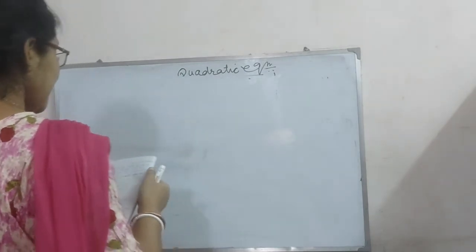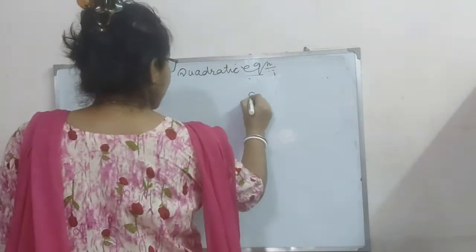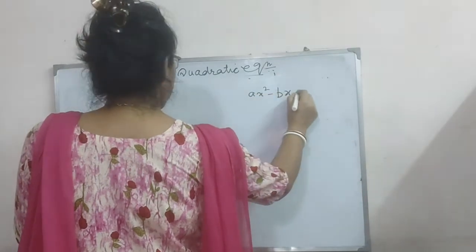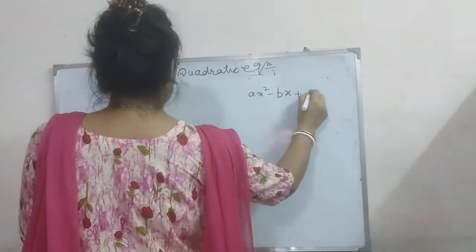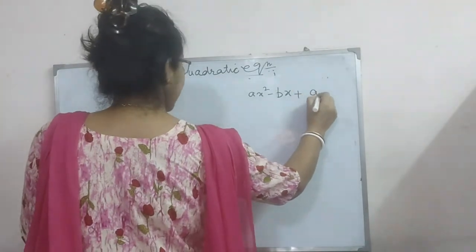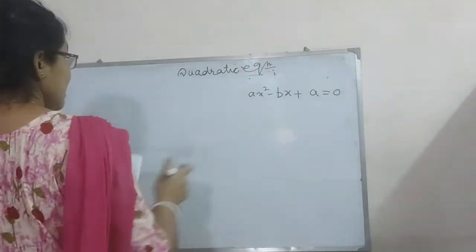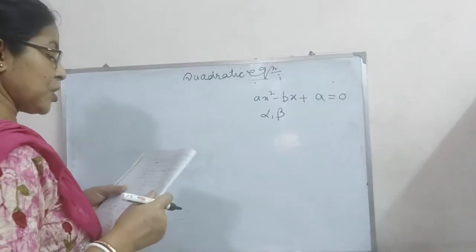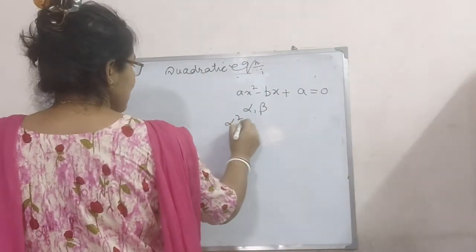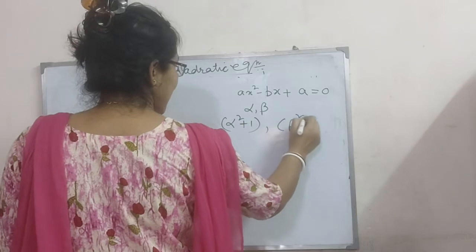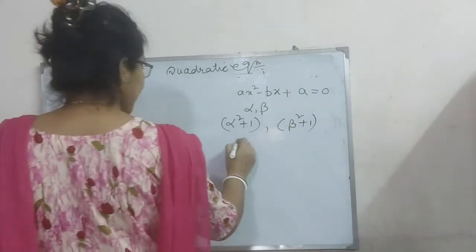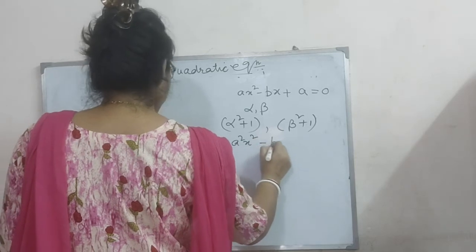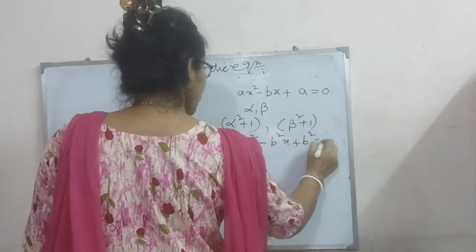Next sum is, if the roots of the equation ax square minus bx plus a equal to 0 are alpha, beta, show that the equation whose roots are alpha square plus 1 and beta square plus 1 will be a square x square minus b square x plus b square equal to 0.